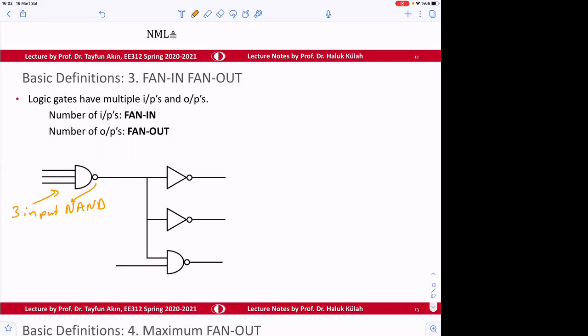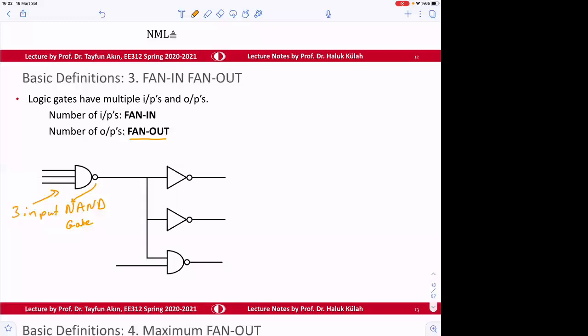Remember, we were calling these gates. How many we can connect is called fan out.